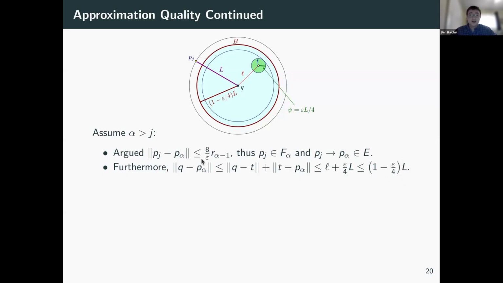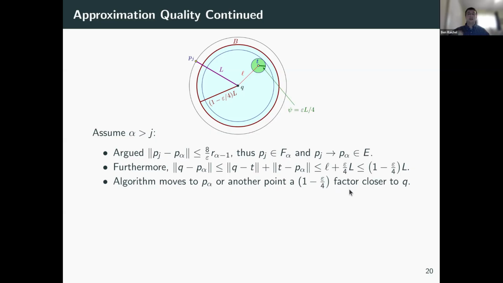So what's the summary here? I'm saying that the distance from Q to P alpha is less than or equal to 1 minus epsilon over 4L, which is my condition to move there. And I've told you the edge Pj to P alpha exists, which means that the algorithm is going to move to P alpha from Pj, or at least to something that's at least a 1 minus epsilon over 4 factor closer.